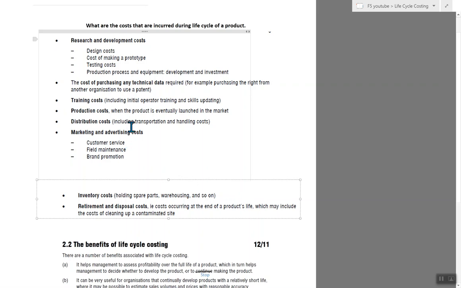Sometimes what a company would do is they would make inventory for the entire life of the product and then keep it there and then sell it over the entire life. And then retirement and disposal simply means when the project finishes, the cost of cleaning the environment or the place will be included in it.